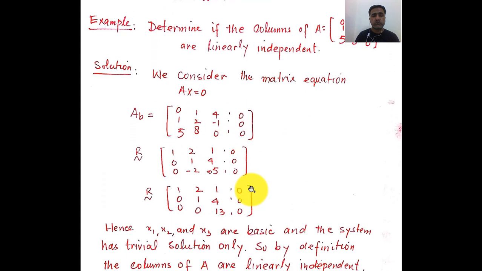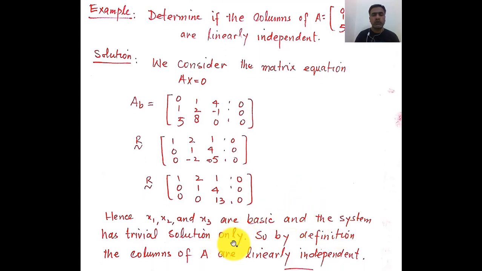If we reduce this to an echelon form matrix, we have this one. Here, this is a pivot, and this is a pivot entry. Hence, x1, x2 and x3 are basic variables, and hence the system has the trivial solution only. And since this system has the trivial solution only, by our definition, the columns of A are linearly independent.